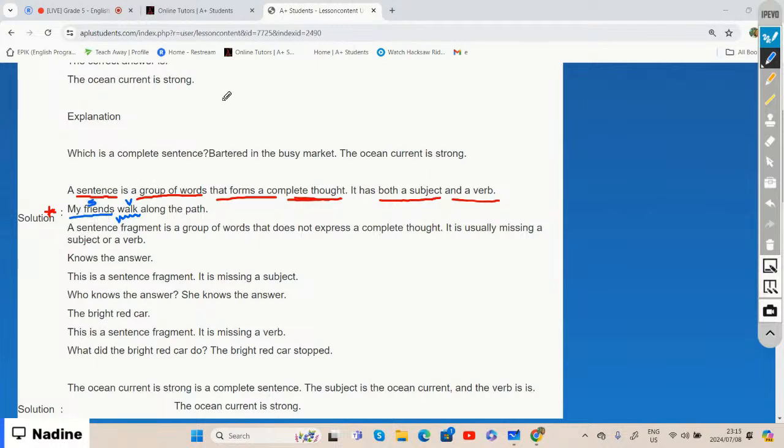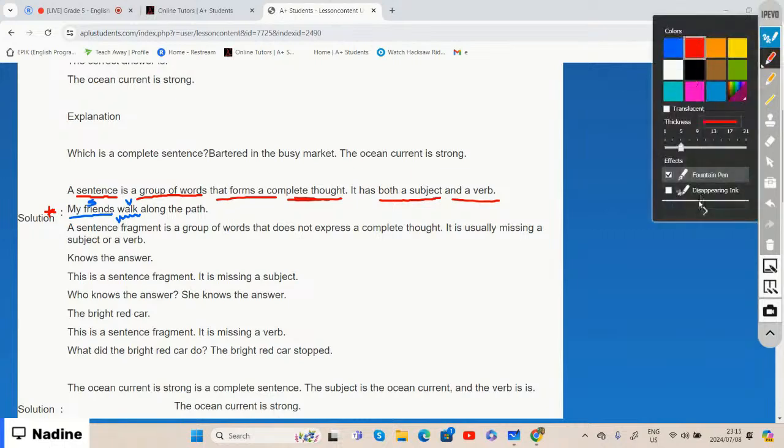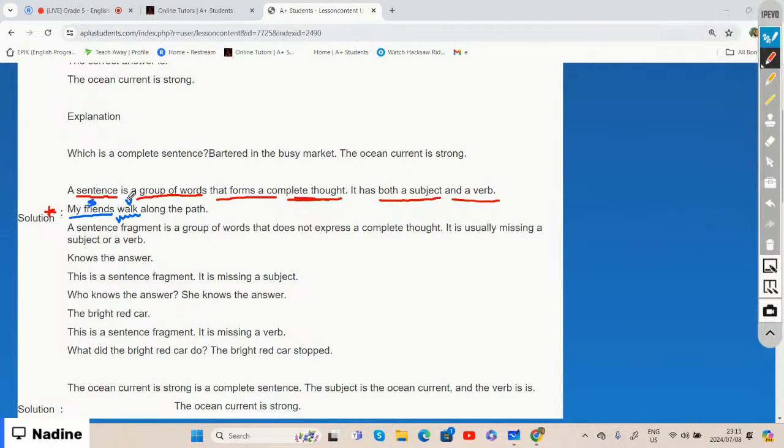Then we have a sentence fragment, right? And a sentence fragment is a group of words that does not express a complete thought. It doesn't express a complete thought.